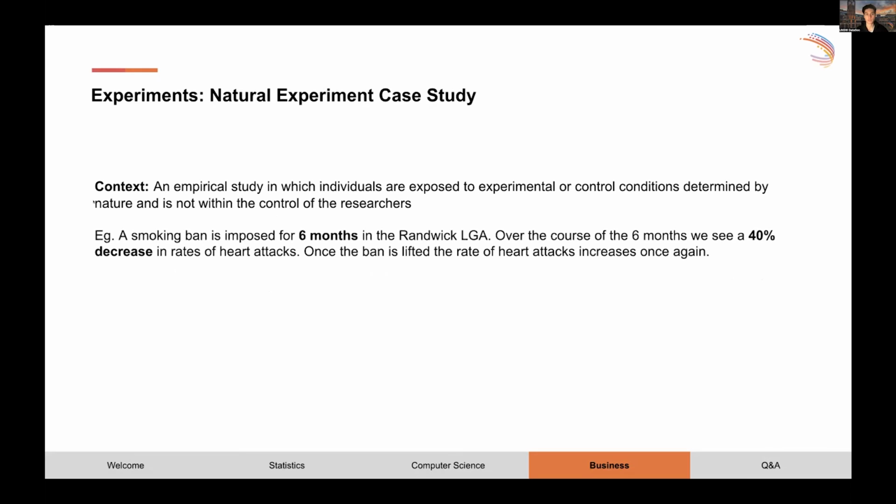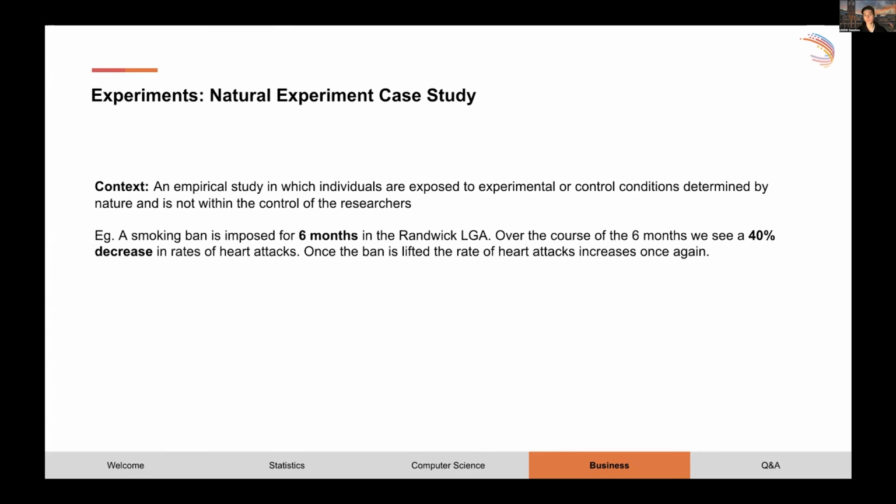Let's look at an example here. A smoking ban is imposed for 6 months in the Randwick LGA. Over the course of those 6 months, we see a 40% decrease in rates of heart attacks. Once the ban is lifted, the rate of heart attacks increases once again. So this is key observational data here.